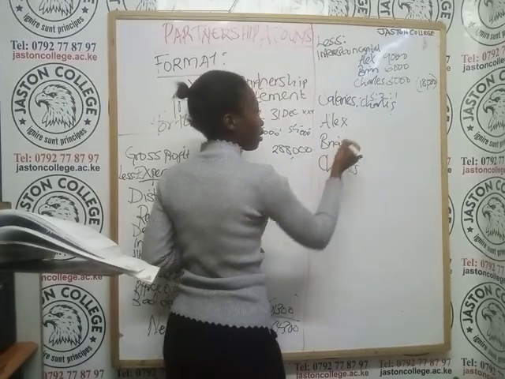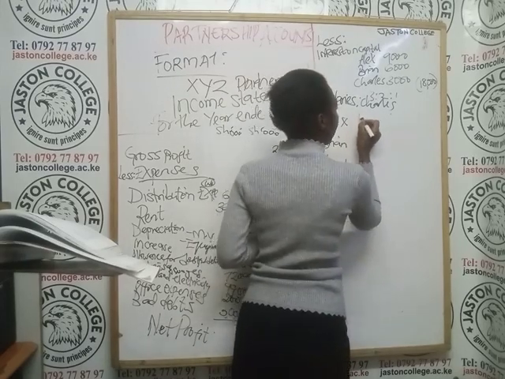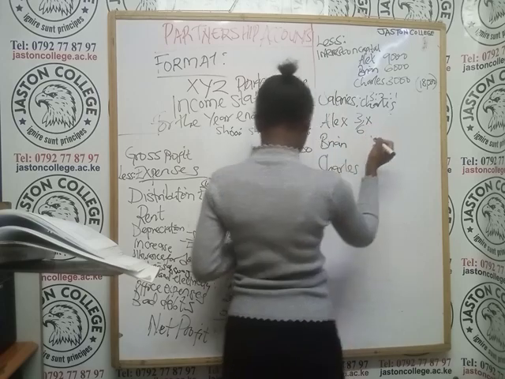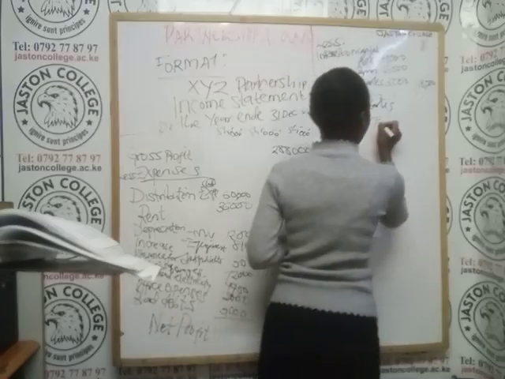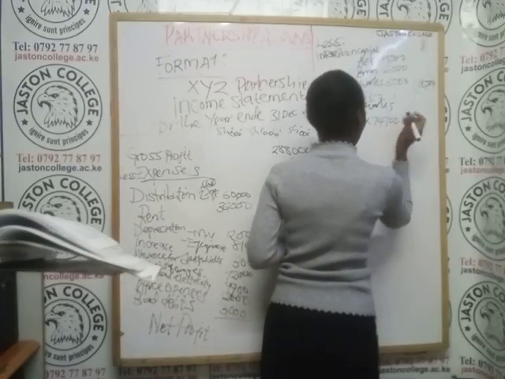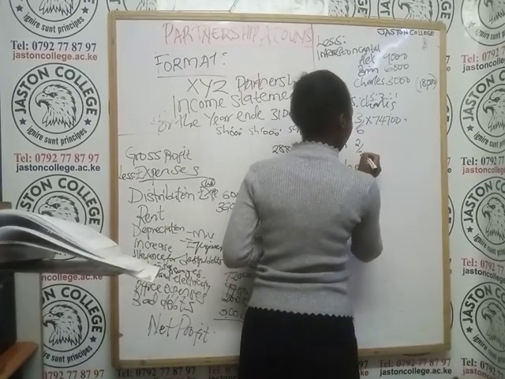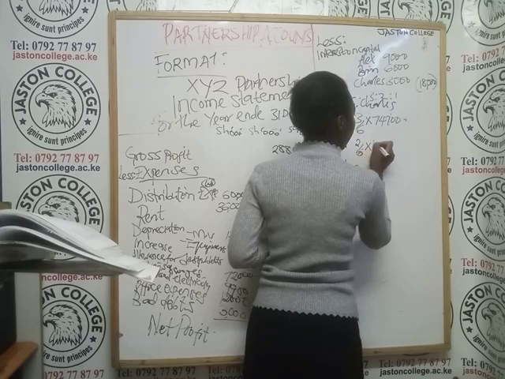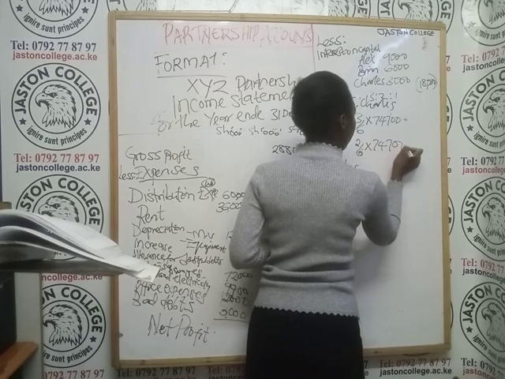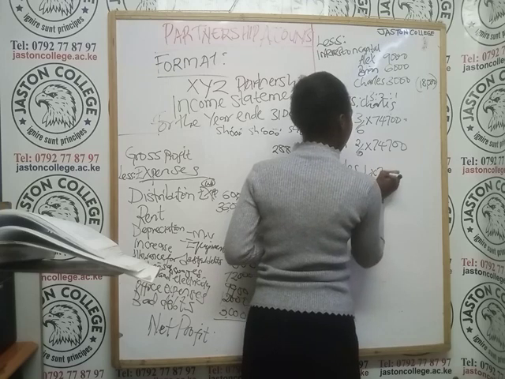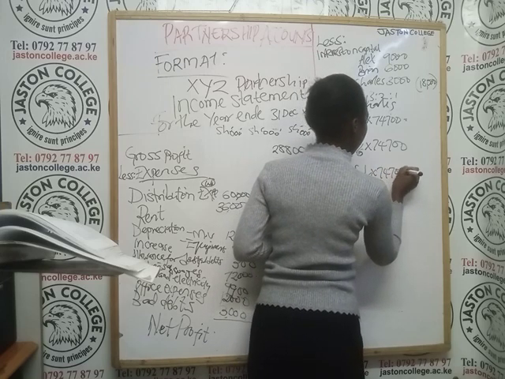Now for Alex it will be 3/6 multiplied by 74,700. We'll find our answer. Then 2/6 multiplied by 74,700 for Brian. Then for Charles, 1/6 of 74,700.